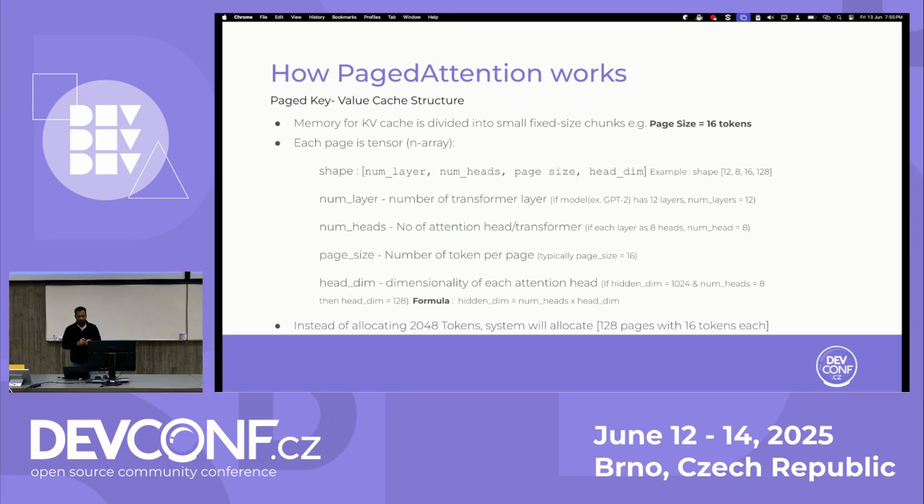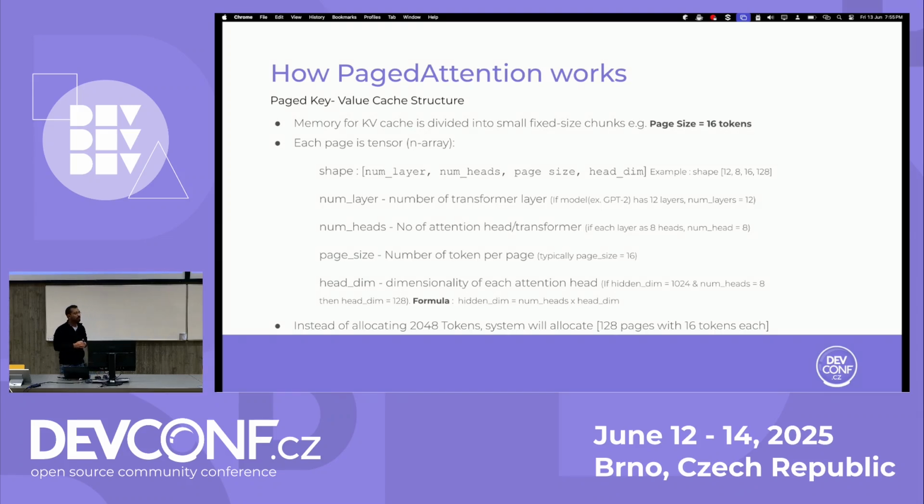And head dimension, head_dim, can be calculated from the formula hidden_dim equals number of heads times head_dim. From there we get the value of 128, because we have hidden_dim equal to 1024 and number of heads equal to 8.